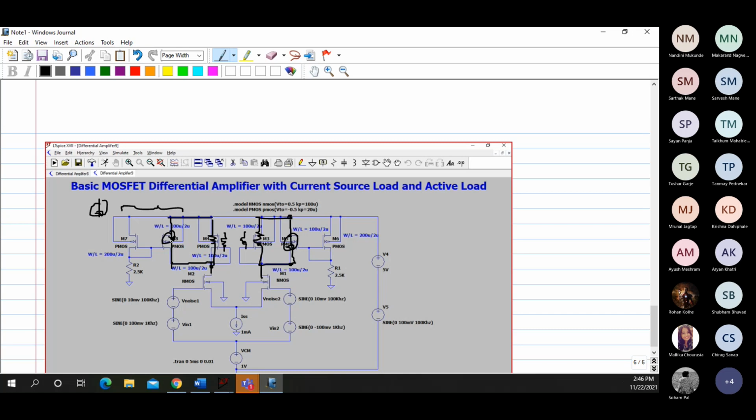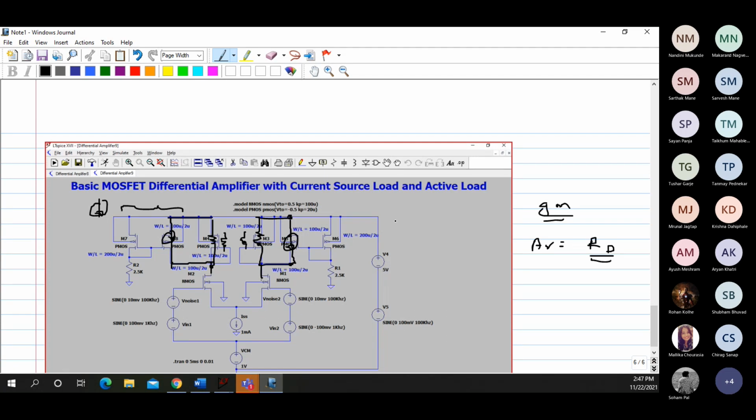So the basic idea of the current source is to regulate the value of gain, to ensure that my GM does not change. If GM changes, then AV changes. Okay, and the aim of this R is to ensure that RD does not change.